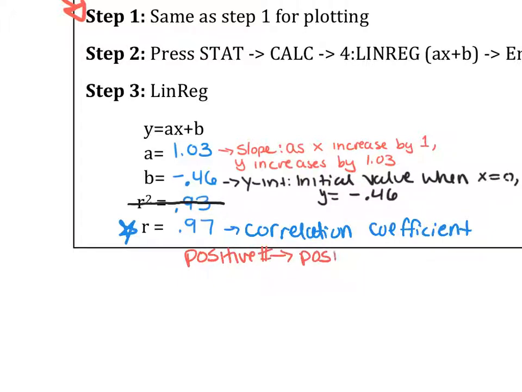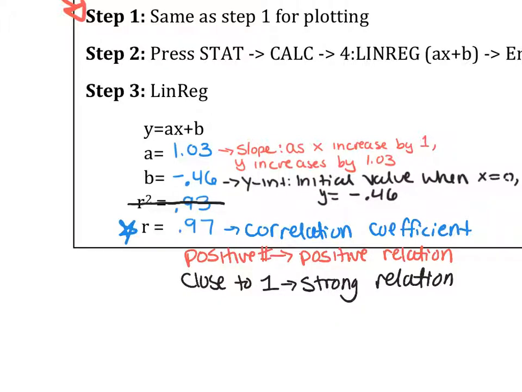Positive number means positive relation. And close to 1 means that we have a strong relation. So we were right in our guess when we said that we would have a strong, positive, linear relation.